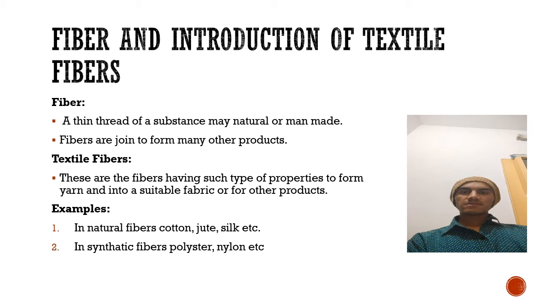And synthetic fibers are the fibers which are man-made, such as nylon and other polyesters. In natural fibers, there is cotton, as a vegetable fiber, and protein fiber, which we gain from animals, such as wool, and other mineral fibers.